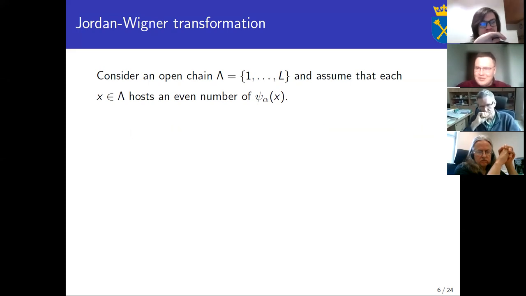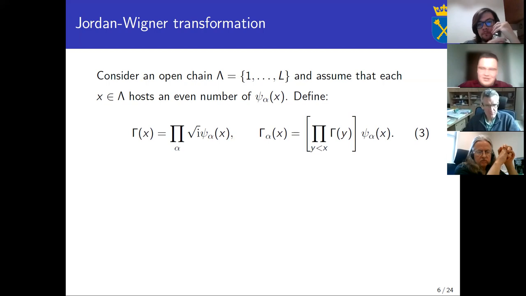So I'm making an assumption that the number of Majoranas per lattice site is even, and one can define these operators. First of all, gamma of x is just the product of all fermionic operators at the given lattice site up to some phase, and then gamma alpha of x is just the product of psi alpha and all of these gammas that I defined previously on sites before the given site.